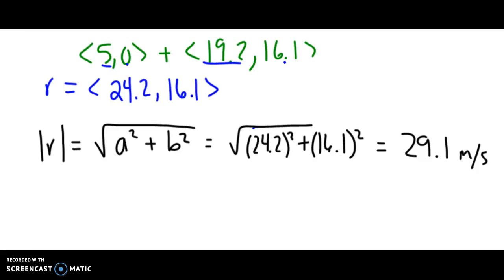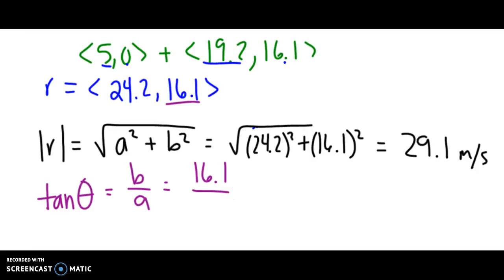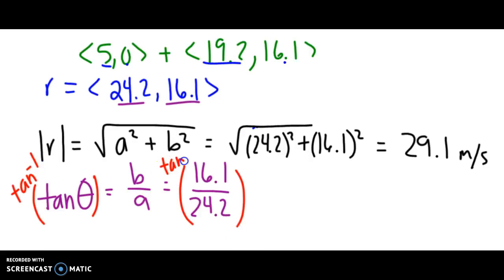Now we have to figure out the direction. So he threw at a 40-degree angle, but was running forward at a 0-degree angle. So we just found out that tangent of theta is equal to b over a from our component form. So b is 16.1 and a is 24.2. So I take the inverse tangent of both sides, and I find that my theta ends up being about 33.6 degrees.